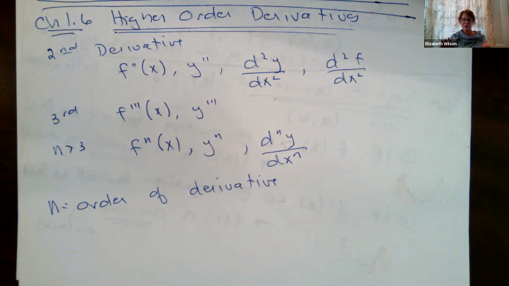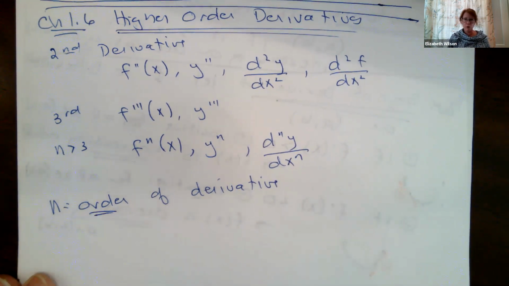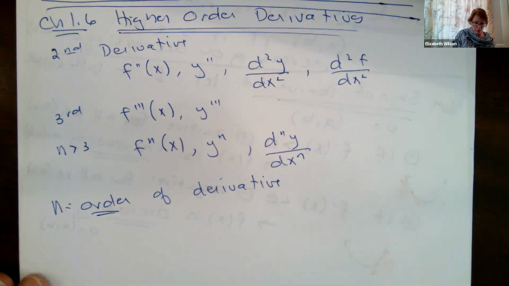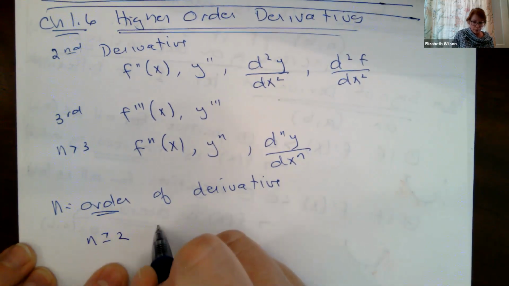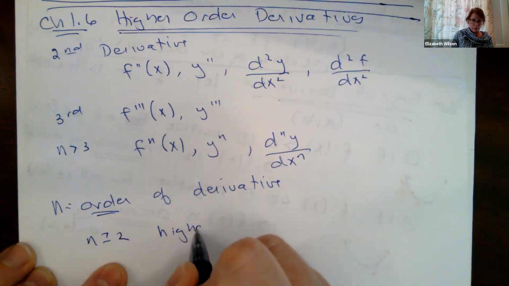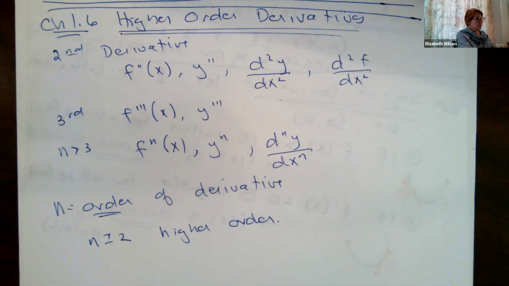The whole basis of topics for calculus 2 is how do we describe those types of functions? We take an infinite number of derivatives. But we call n the order of our derivative, and we consider n greater than or equal to 2 as a higher order, just in terms of vocabulary.